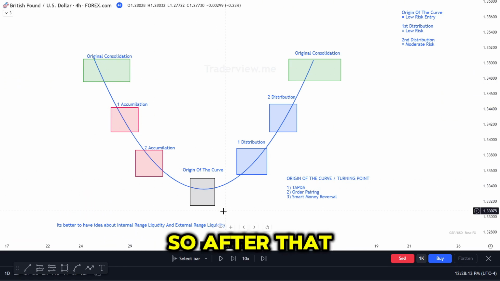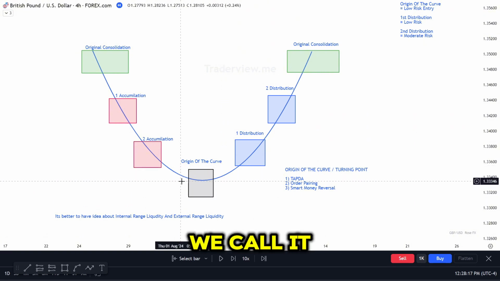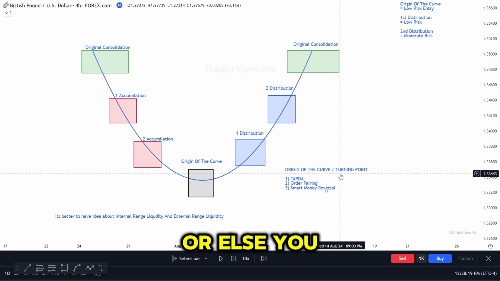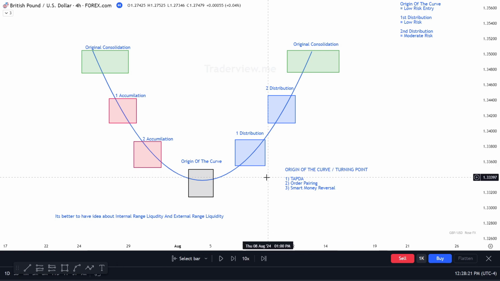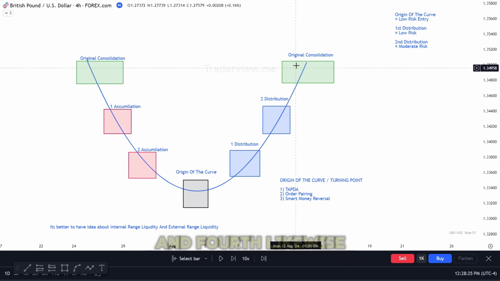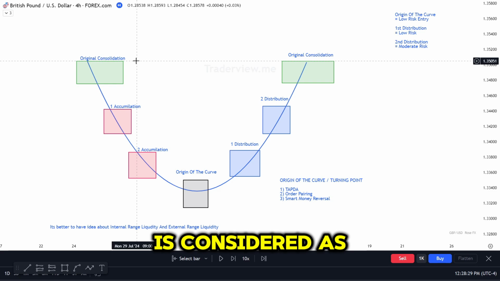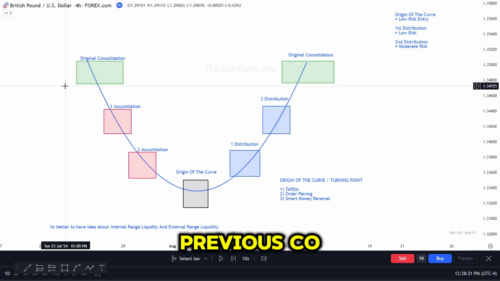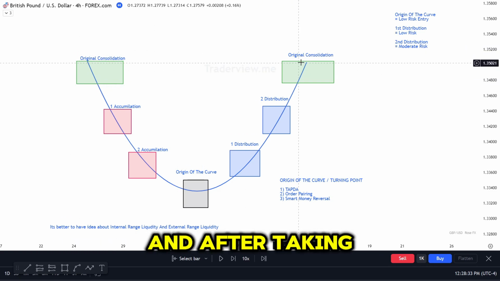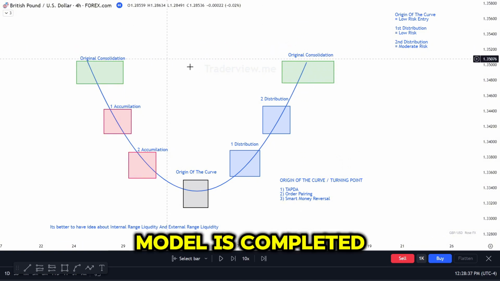After that the curve ends, and that box we call the origin of the curve, or else you can call it the turning point. After that there are first distribution and second distribution, and maybe third and fourth likewise. After that, the final drawn liquidity is considered the original consolidation of the previous curve, and after taking that, the market makers model is completed.